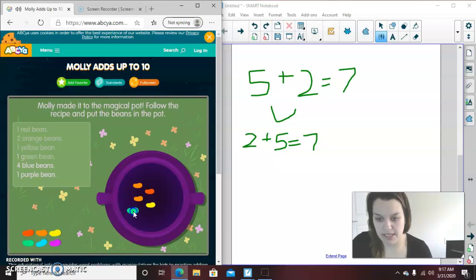For some reason, it's not staying. Four blue, and one purple. Oh, for some reason, it did not stay.